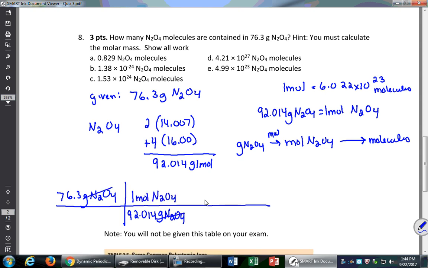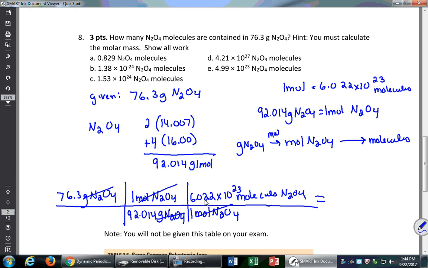So grams cancel out. Now we want to convert our moles to molecules, and we have a relationship to do that. Our moles cancel out. We're left with molecules.